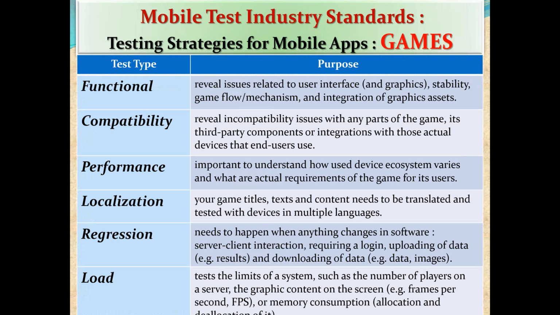Then we have the regression testing, and it needs to happen when anything changes in the software. And as you know, the majority of the mobile games today have a server-client interaction. So many games require a login, uploading the data, downloading data or images, whatever it is.